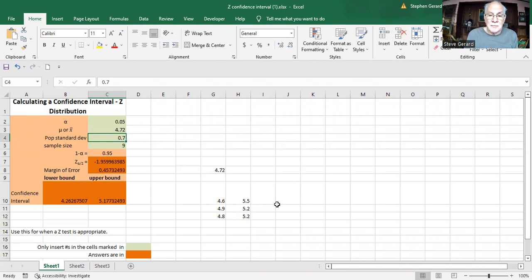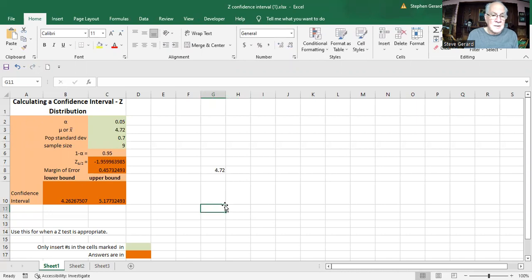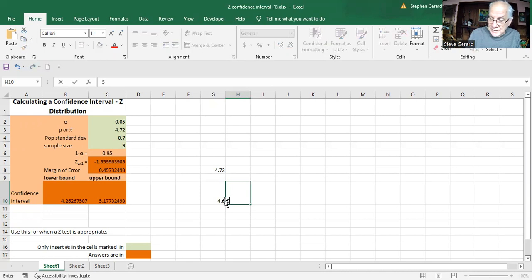With that, what I came up with, let me clear all these things out, I get a 95% confidence level of 4.3 to 5.2.